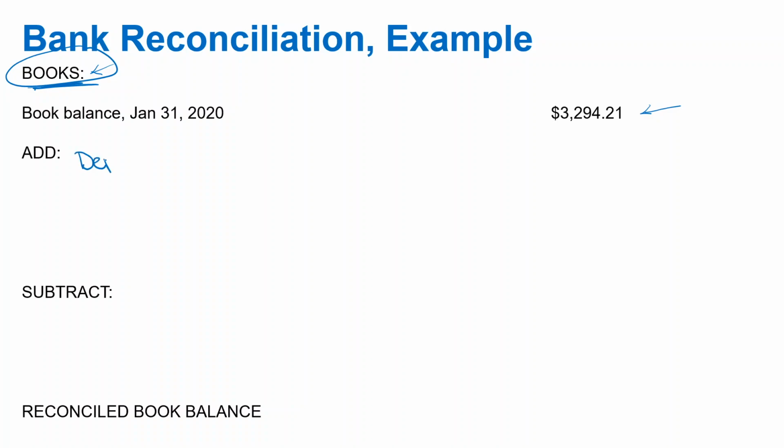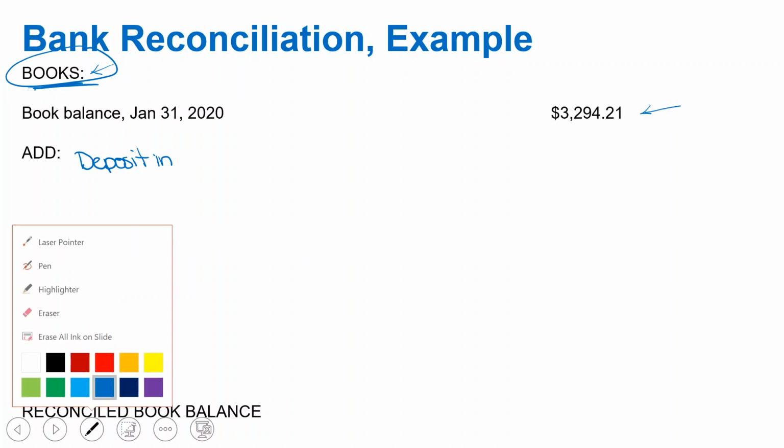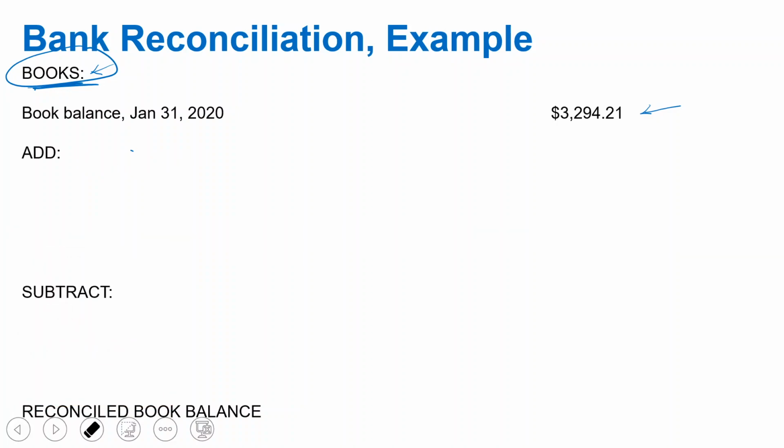So here we say we need to add this deposit. Oh, sorry. Looking at the wrong thing here. We're adding the EFT receipt.